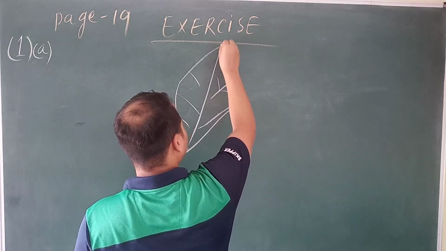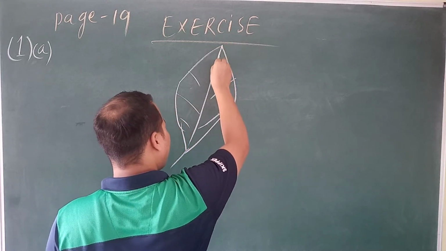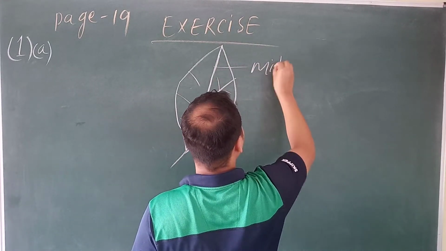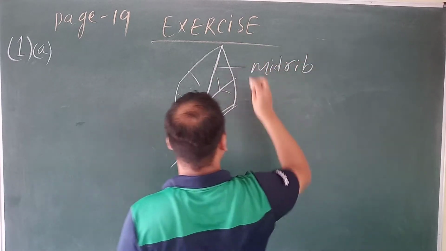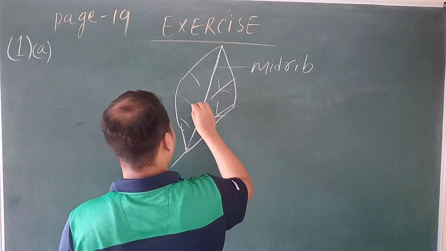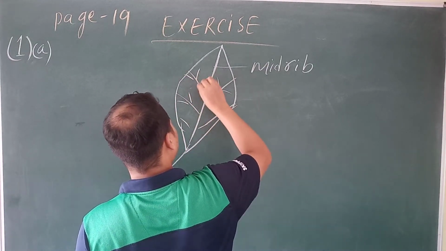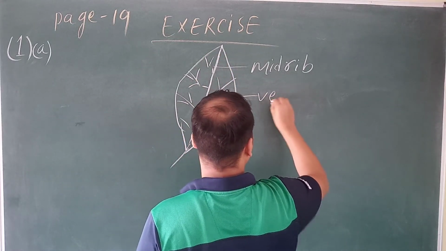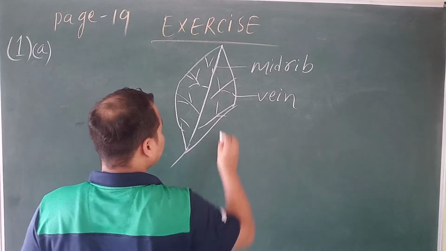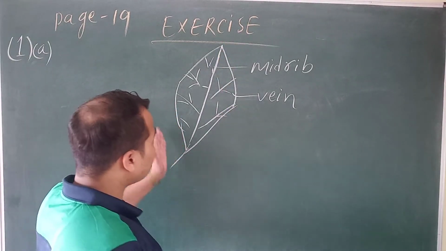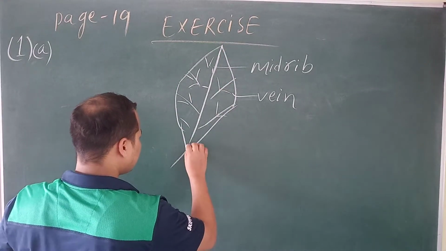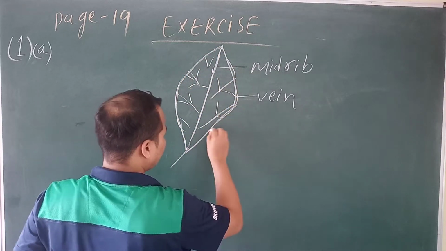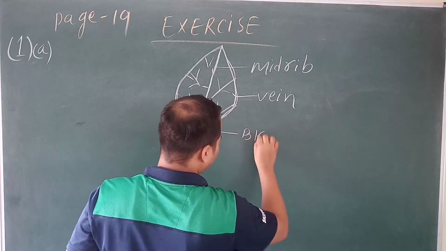a broad line is going in the middle of the leaf. This is called the midrib. And these are the net-like structures in that leaf. This is called a vein. And the surrounding border of the leaf, all this surrounding border, is called the blade.